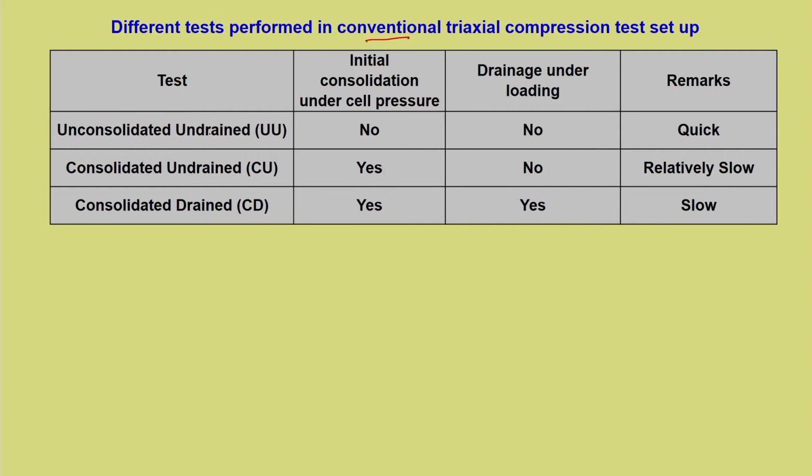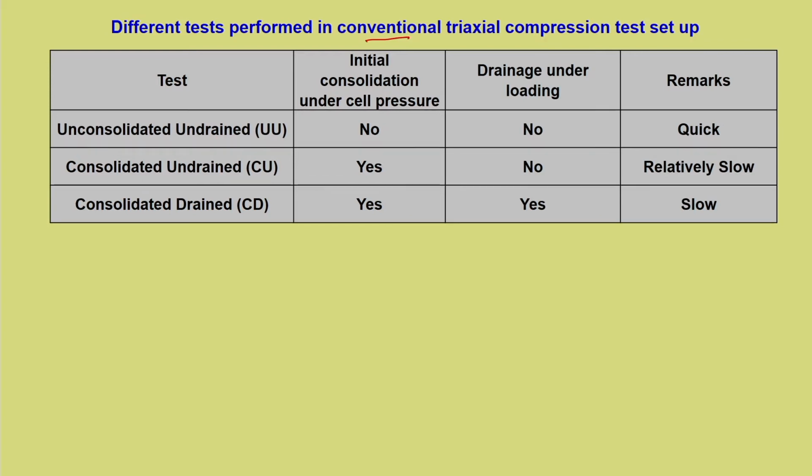Now, all the information is there in the name itself. There are essentially two stages with respect to loading. First is the initial consolidation phase, which is acted upon by cell pressure, and there is drainage. Then there is the loading stage or shearing stage.